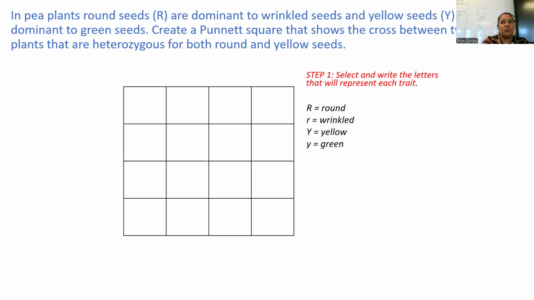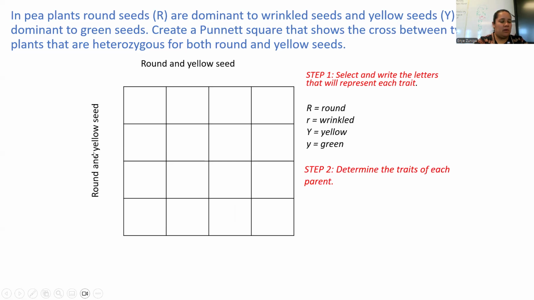Okay, so once I determine that, you then want to visualize the parents. So the problem tells me that both parents are round and yellow seeds. So I write that on the outside of the box like this. So here's parent 1 and here's parent 2.